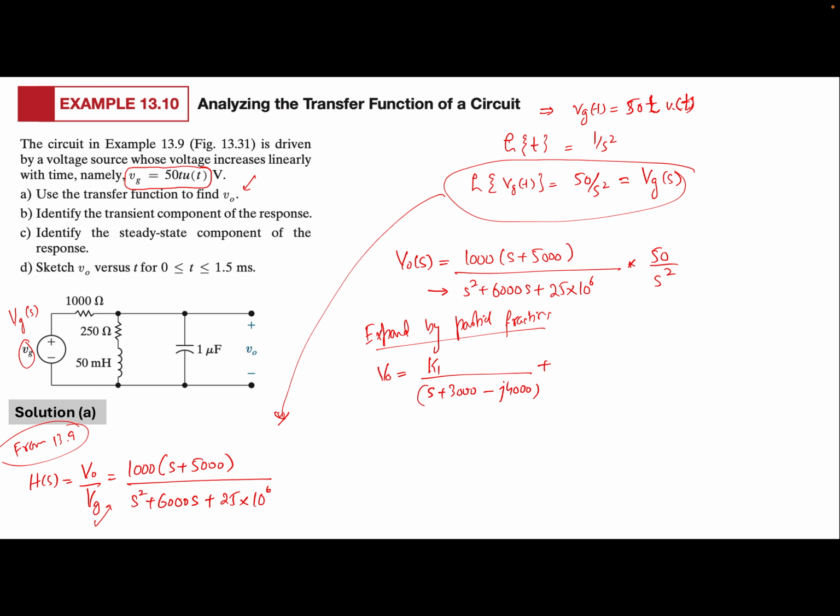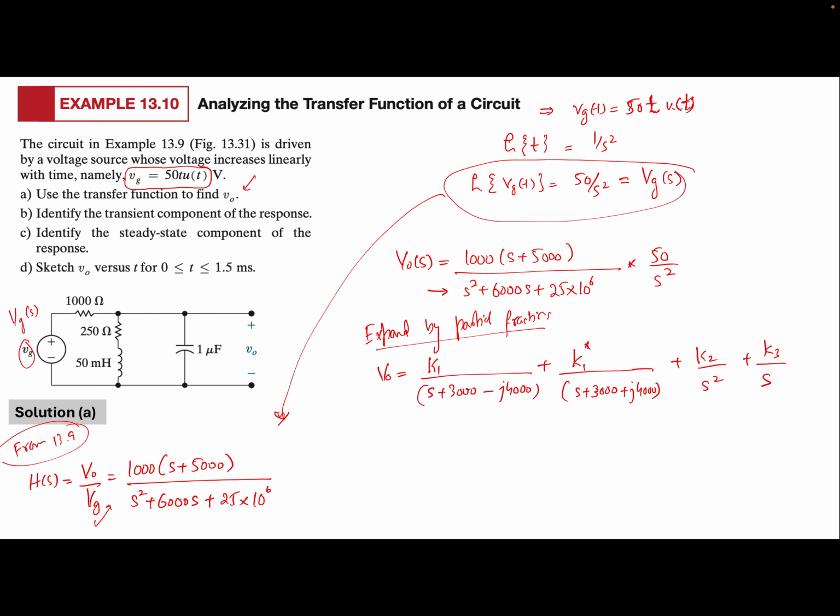The second root should be the conjugate of it, K1 conjugate over s plus 3000 plus j 4000, plus K2 over s square plus K3 over s.